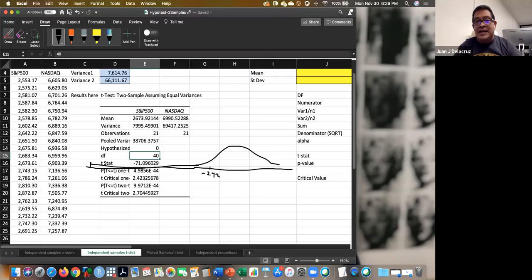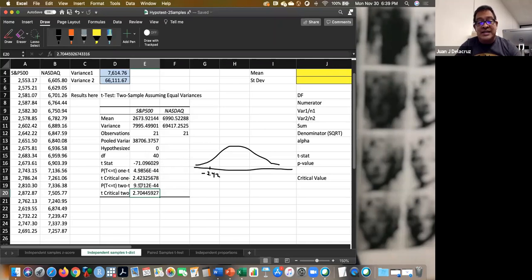So the probability that this value is close to 0, or that I'm making a big mistake, is very low. I can prove this by looking at my t-stat compared to the critical value for one tail. I can also use the critical value for two tails, which is going to be 2.70 compared to the minus 71, same result.